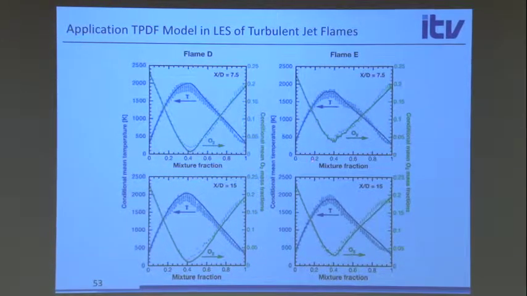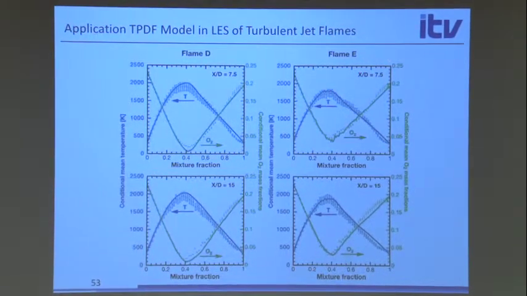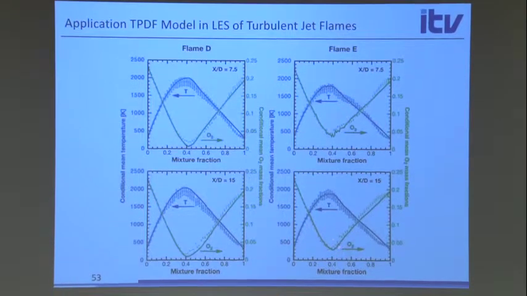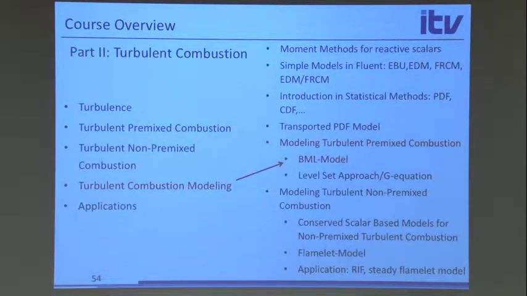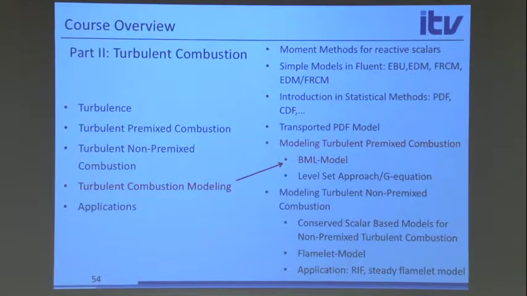And then here in this flame E, where you get more local extinction, you see that the oxygen mass fraction here is even higher, okay? Or here close to the nozzle it is higher, a little downstream, it burns a little more. So the comparison with data is not so bad. Okay, so that's the PDF, the transported PDF model. Any questions about this?